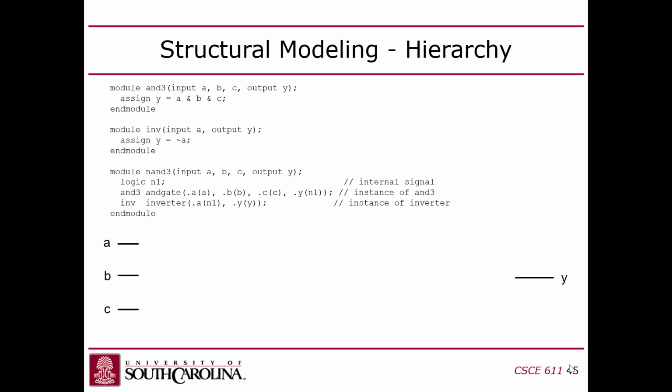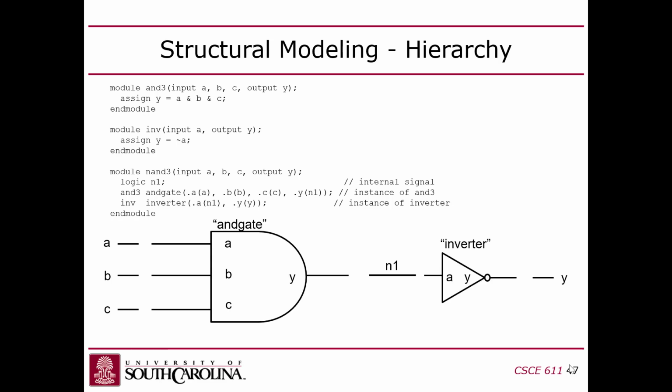Okay, so I write these two modules, then I create a third module with input ABC and output Y. So that gives me the ABC and the Y, right? And then I instantiate, and there's an N1, which is an internal wire, which I declare as logic.